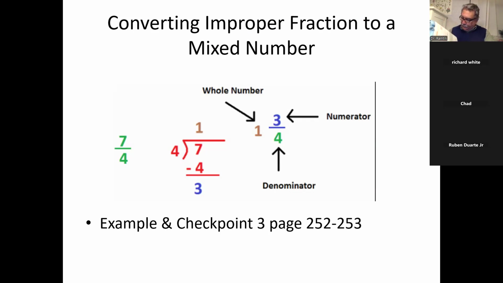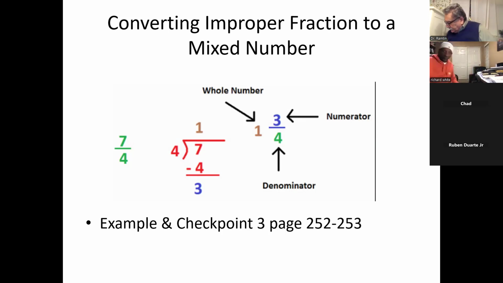Like on page 252, it says example 3, convert 42/5 to a mixed number. So you divide 42 by 5, 5 goes into 42 8 times. So you have the quotient 8, remainder is 2. So you see the denominator is still the same.